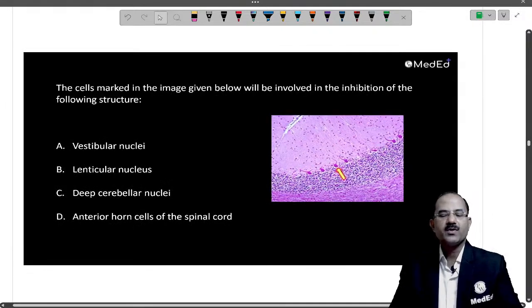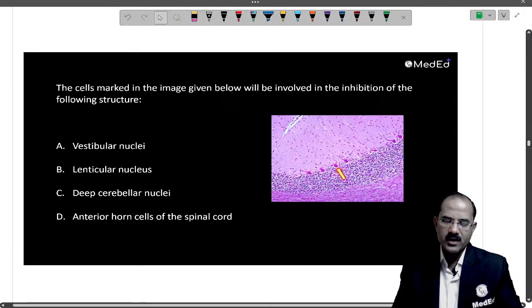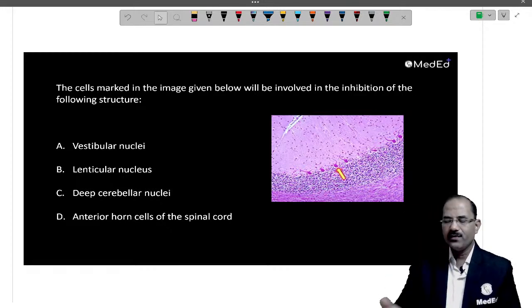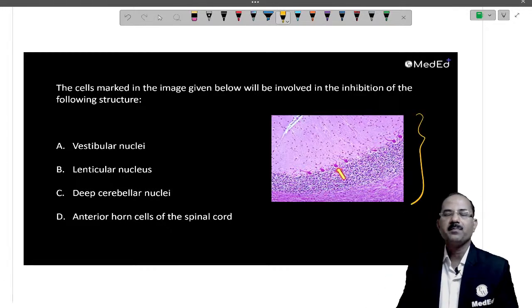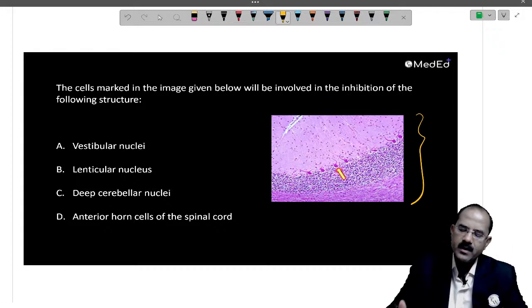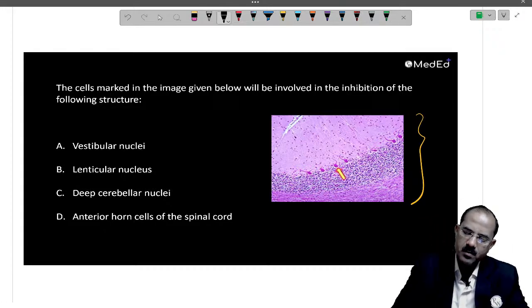So answer this, children. The cell marked below would be involved in inhibition of which of the following structures? Can anyone tell me what this microscopic picture is of? What is this slide of? Any guesses? I'll just give you a hint. This is what we call the molecular layer.